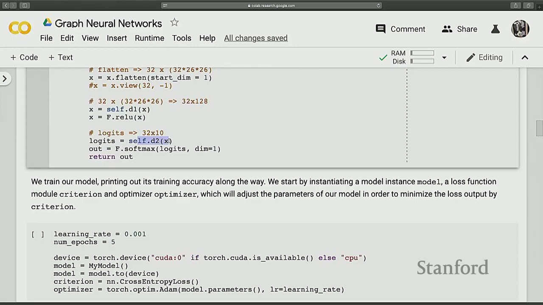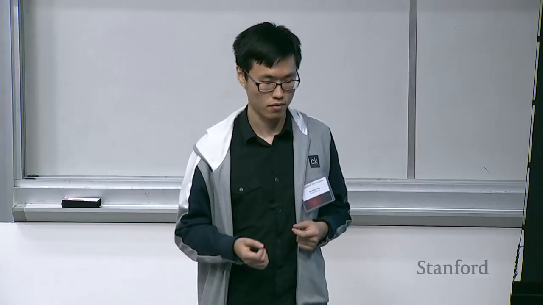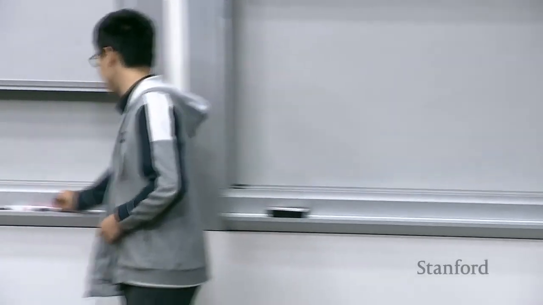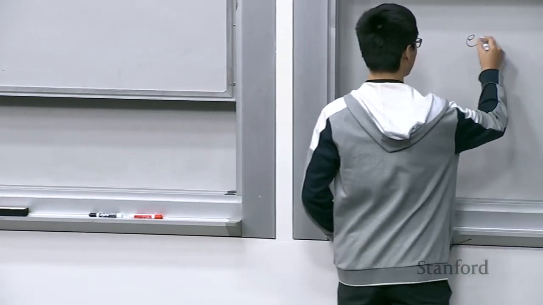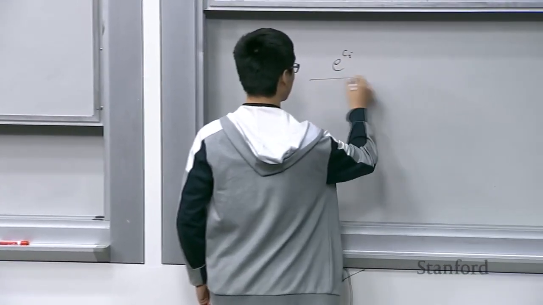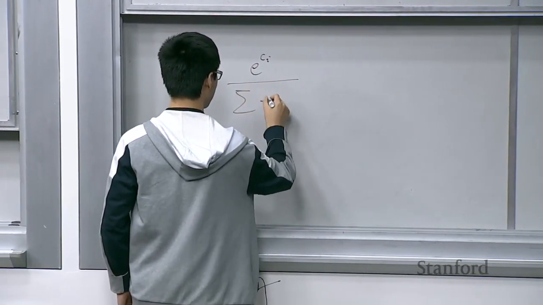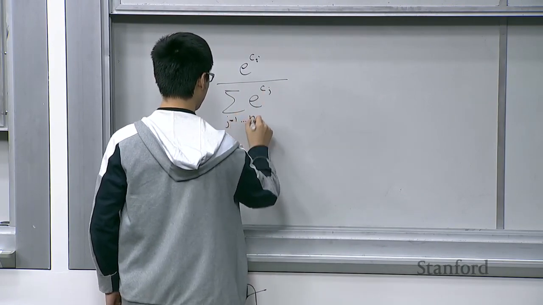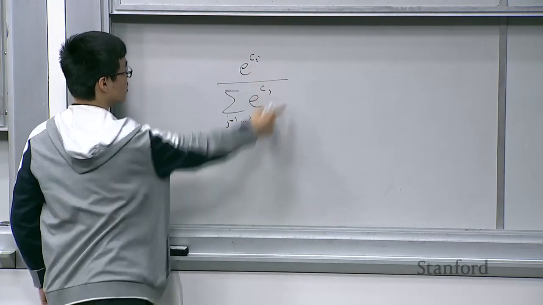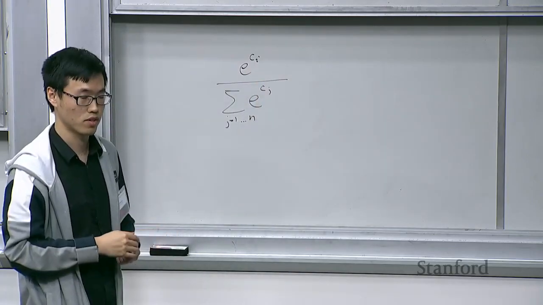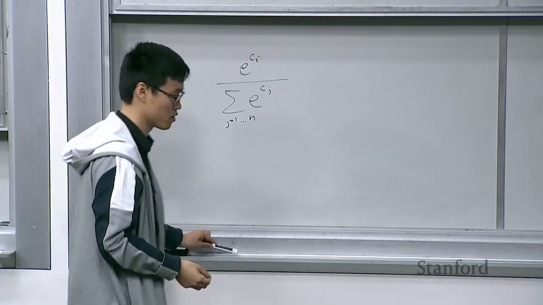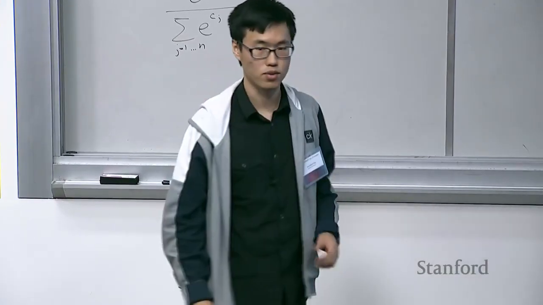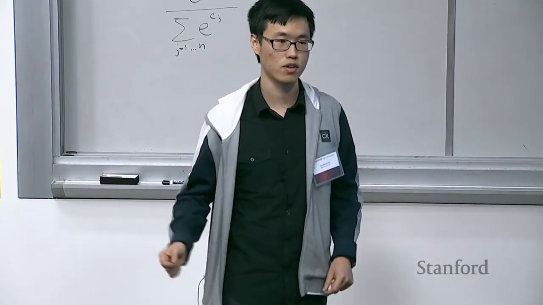Say I provide a score for each of the candidate classes, and I use this function: e to the power of c_i over the sum of e to the power of c_j for j equals 1 to n. This will be the probability of the model choosing that particular class. This is just basic softmax. And with this softmax, we can use cross entropy to compute the actual loss.